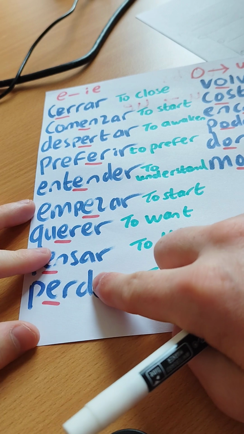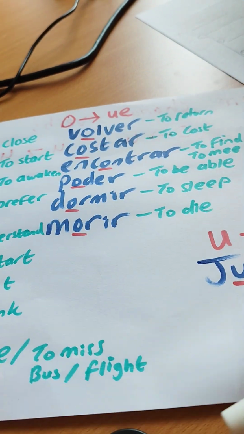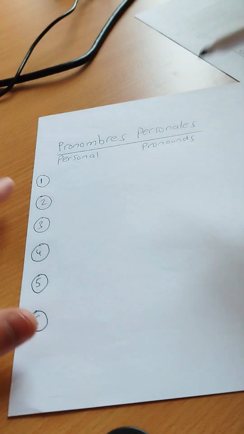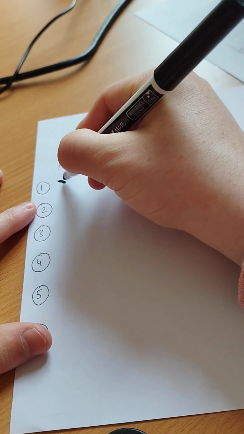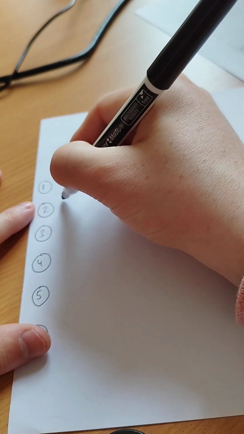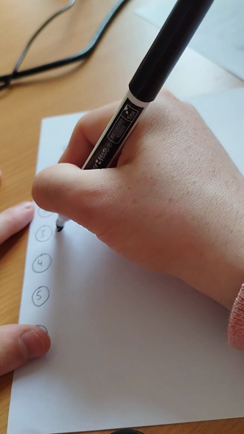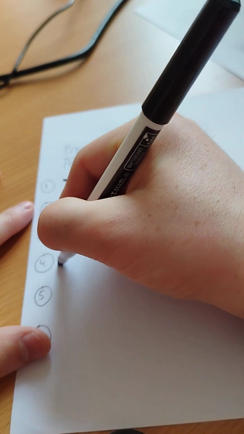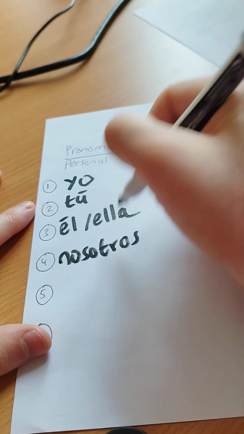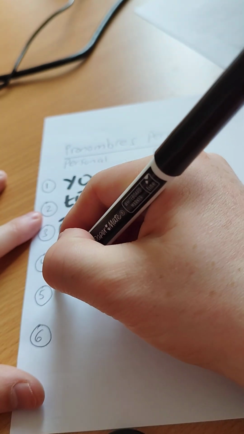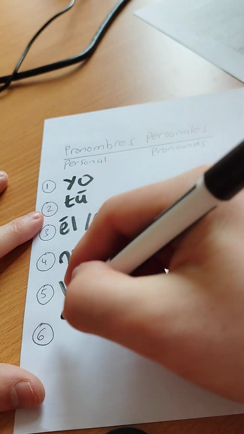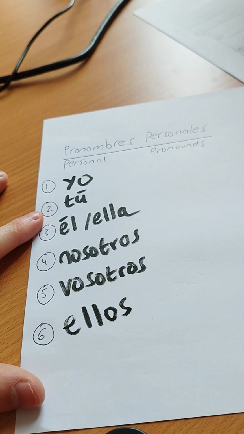And very importantly, we need to start with something, if you don't know it already, which are our personal pronouns, okay? So I'm going to open up my marker. The first one is yo, which is I, tú, which is you, él or ella, which is he and she, nosotros, which is we, then vosotros, which is you all, and finally ellos, which is they.